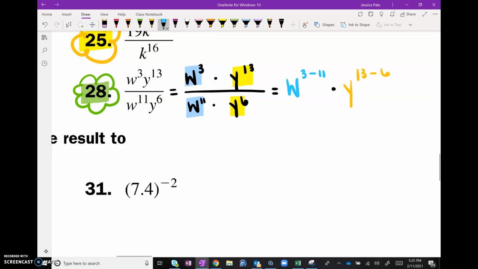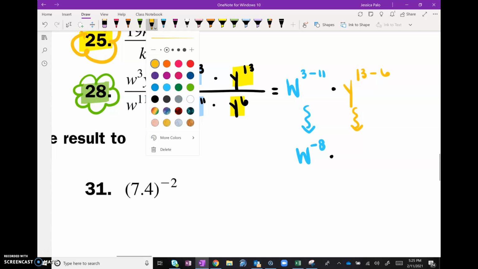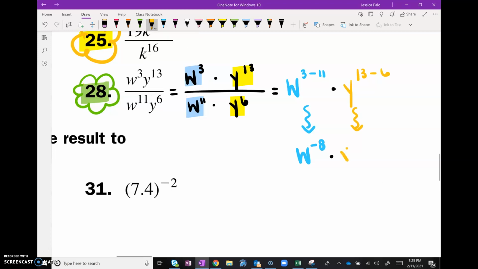W to the 3 minus 11. Let's bring that down right here. That equals W to the negative 8th power times 13 minus 6, Y to the 7th power.